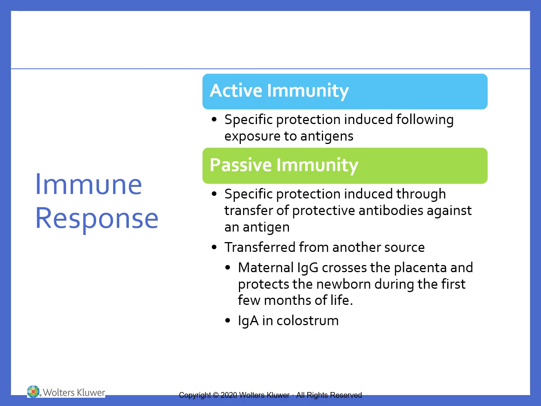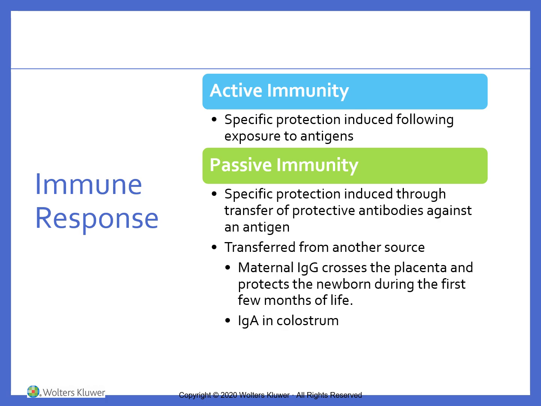So where we're transferring antibodies from one source to another. So a common example of this is the transfer of IgG antibodies across the placenta that protects newborns during the first few months of life. So that newborn has not produced any really antibodies of its own yet. So it really relies on transfer of antibodies from the mother for protection.